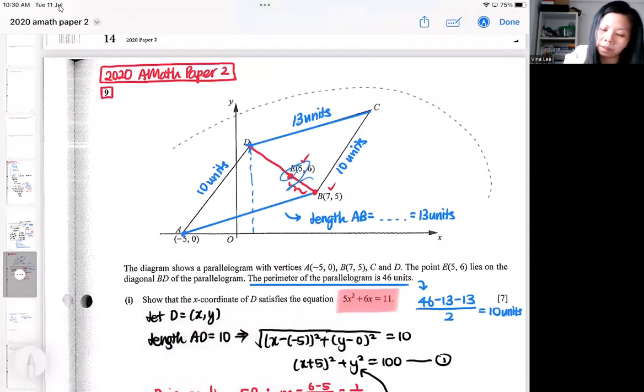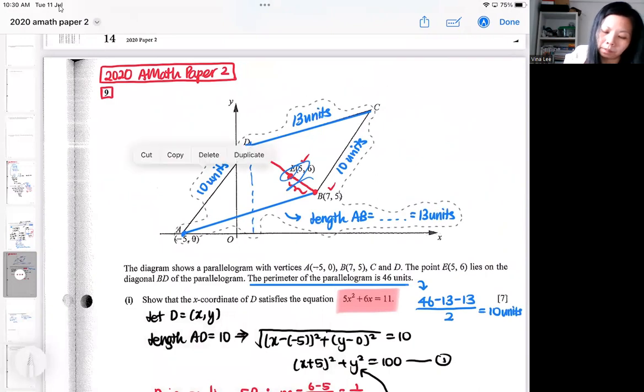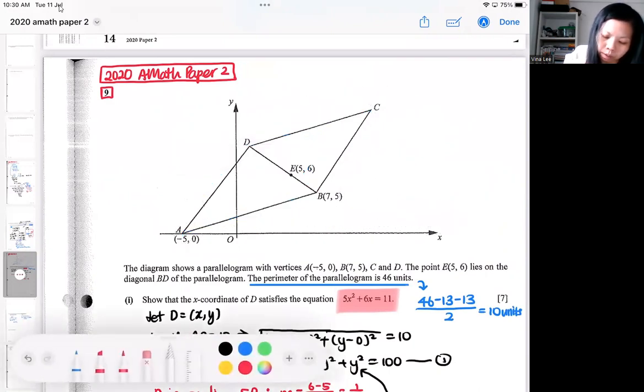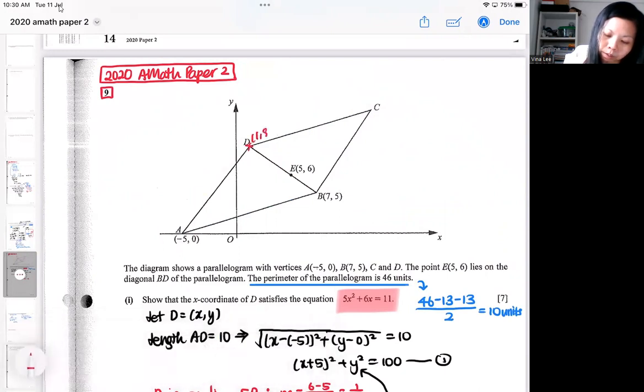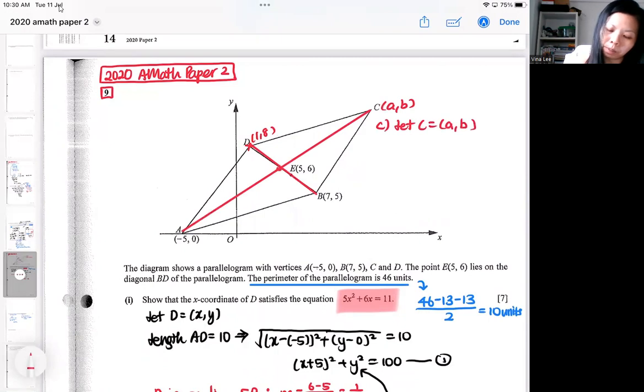The last part is to find the coordinate of C. So once you know that this is (1, 8), this will be the fourth coordinate. For the method of fourth coordinate, you use the midpoint. So for part C, you let C be (a, b), and the method will be they share the same midpoint.